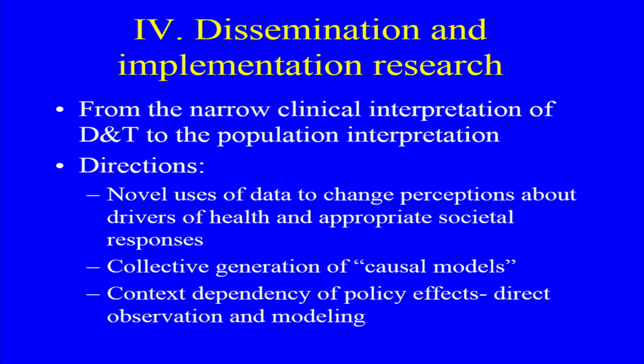If we could capitalize on that and evaluate it, we would learn a lot just from that variation in the implementation of the policy in terms of what works and what doesn't. So I think there are lots of ideas from this world of dissemination and implementation science, which I'm not an expert in, but I've gotten more interested in, that we can think about in population health, and really move it out of the purely clinical realm into the population and community realm.